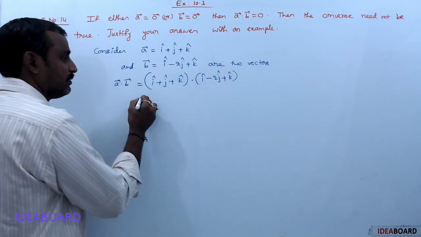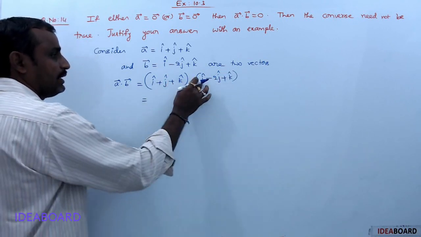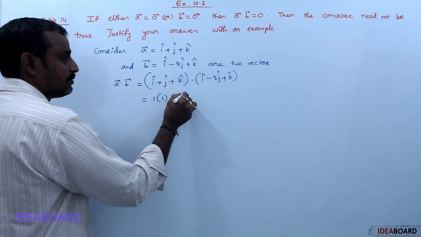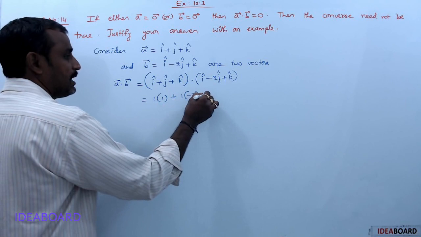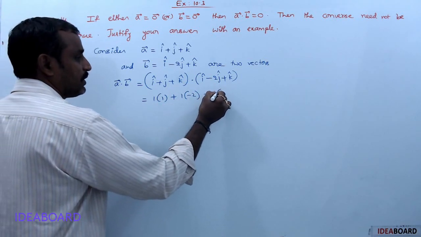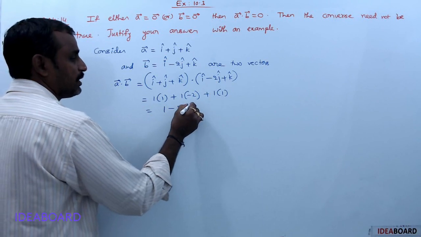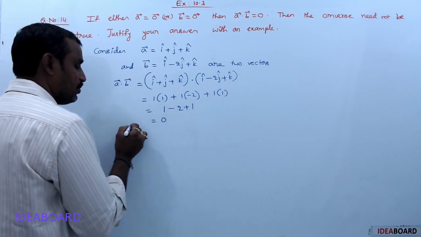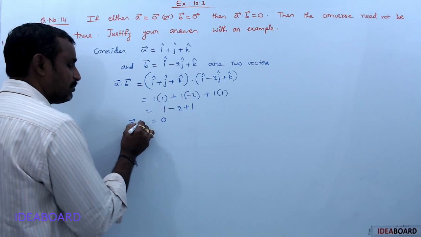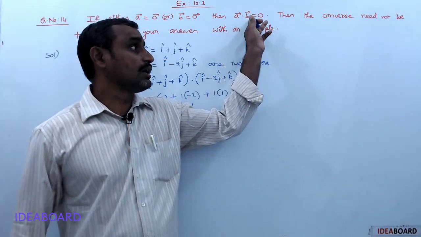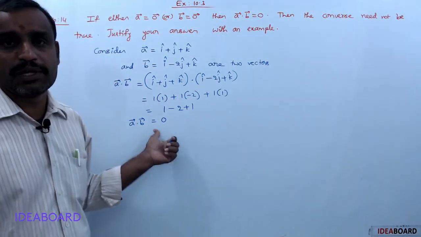Now the dot product you will get: 1 into 1 for the I coefficients, plus 1 into minus 2 for the J coefficients, plus 1 into 1 for the K coefficients. Now simplify this: 1 minus 2 plus 1, the value becomes 0. So we got A bar dot B bar becomes 0. So now the converse we took, the dot product becomes 0.